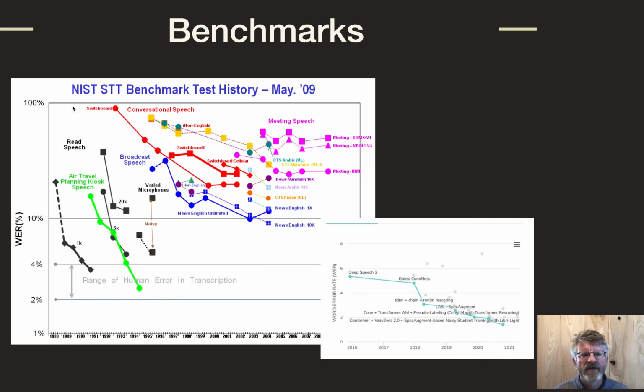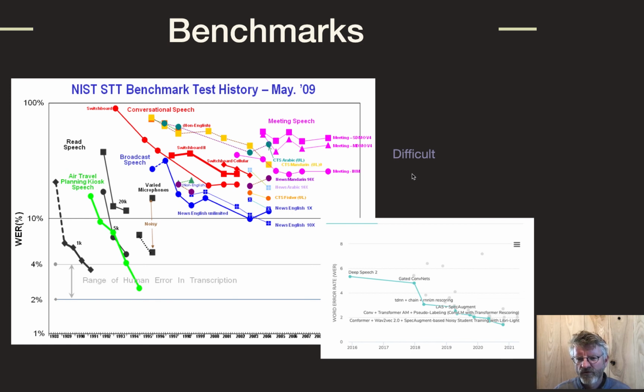And we basically see that simple tasks like air travel planning kiosk speech, which is very predictable speech, became actually pretty good. Read speech became also, well, not really good, but this is a 10% error rate, and this is 20,000 words, so not that bad. Something that we were not very good at is meeting speech. So microphone on the table and then figuring out what everyone is saying. That is still a really difficult task.